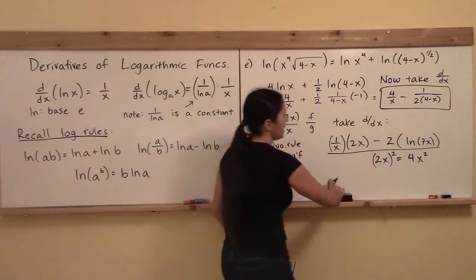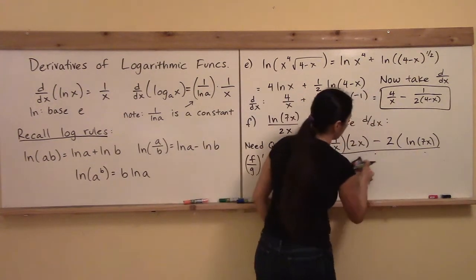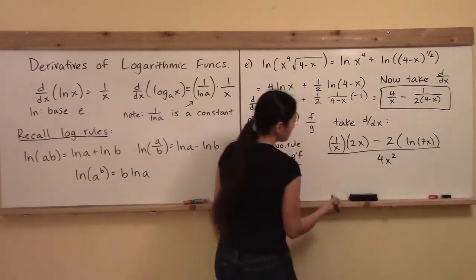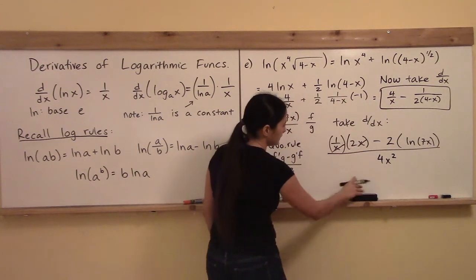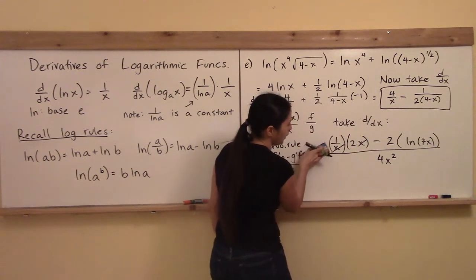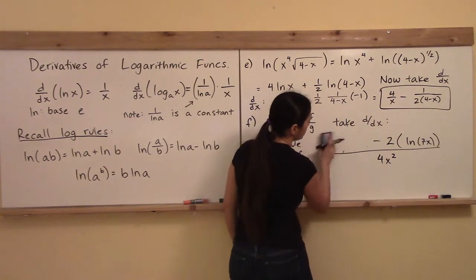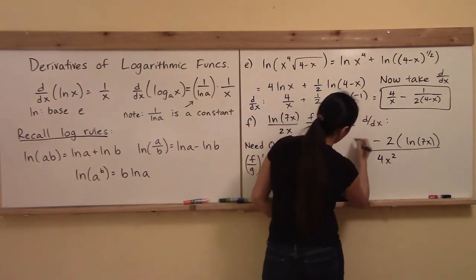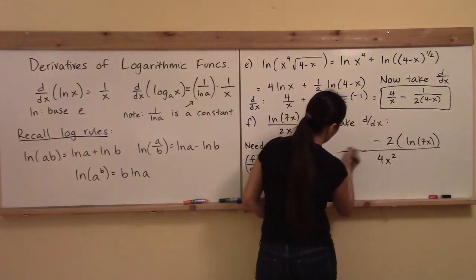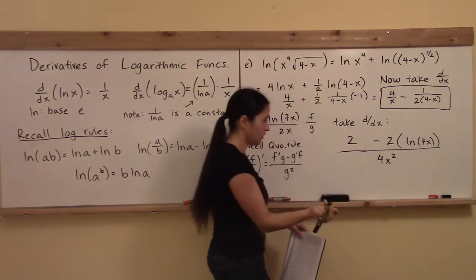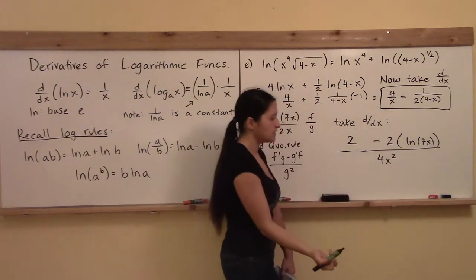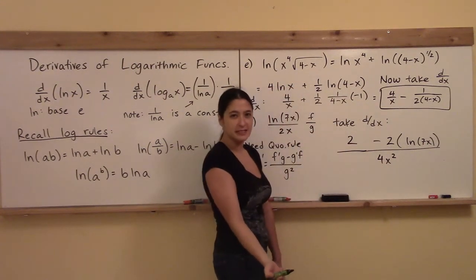Okay, so if I had to simplify this, then I would probably just write the 4x squared there. And then this x cancels with this x. So what happens on the top is that that whole term right there just turns into 1 over x, 2 over x. So that's just going to be a 2 right there. So then I have 2 minus 2 times log of 7x, and then I can see another thing that's going to cancel.